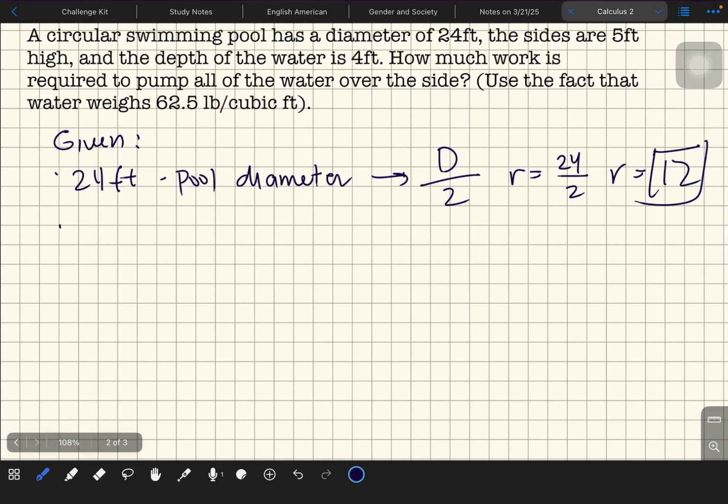And then take note, 4 feet is equal to the water depth. 5 feet is equal to the side height.